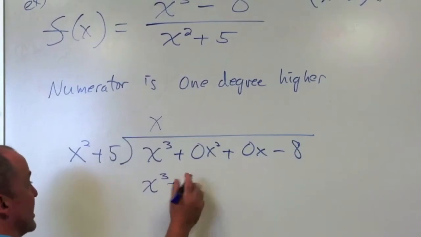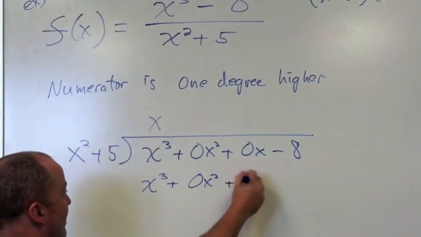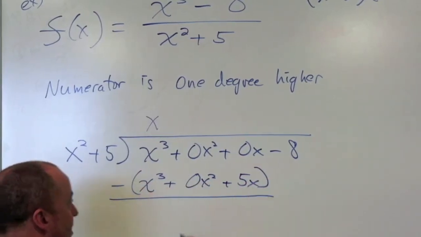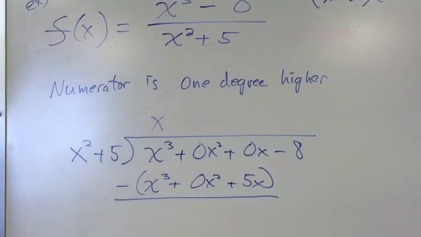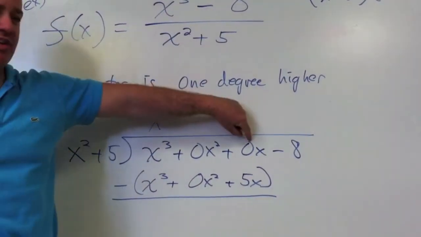So this is x squared, x cubed plus 0x squared plus 5x. For x cubed minus 8, you have to fill in a 0x squared and a 0x term.